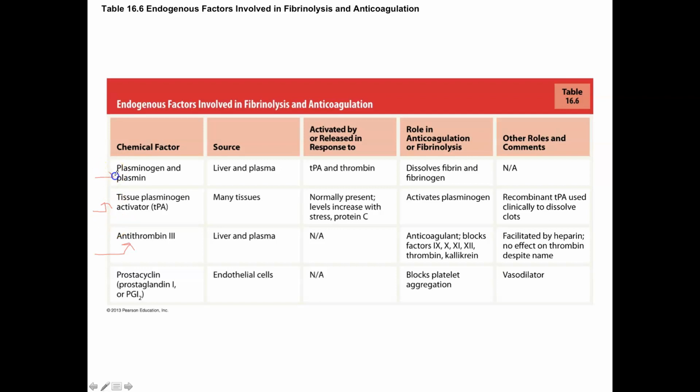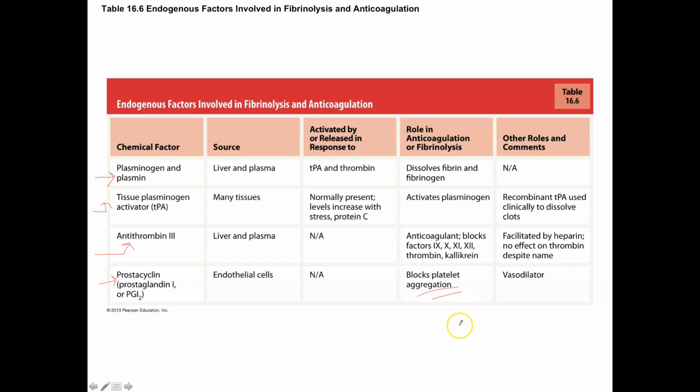Also, of course, the activation of plasmin for fibrinolysis. And then here we have prostacyclin, which is a vasodilator, but also is blocking platelet aggregation. And that blocking of platelet aggregation is what can make it an anticoagulant.